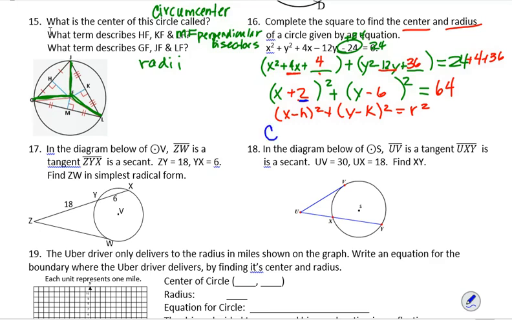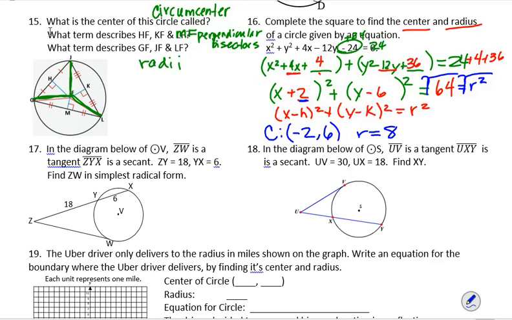So our center is going to be a negative 2 because there's a minus in our equation. Over here it's going to be just a 6 because the sign is already negative, so it's going to be positive, okay? And then notice that this right here is equal to r squared. So to find what r is, we have to take the square root of that, right? So r is going to be equal to 8 because the square root of 64 is 8.